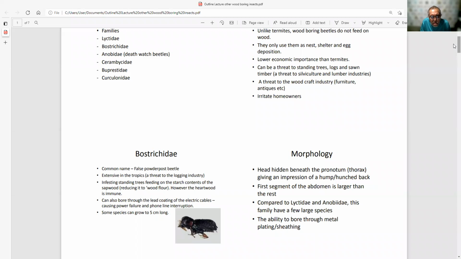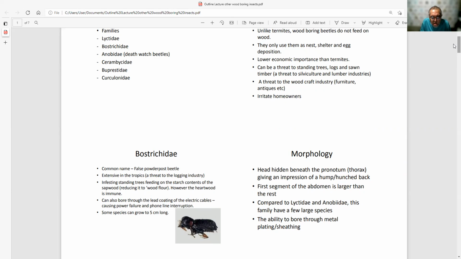Okay, then they feed on the starchy material, reducing it to wood flour, dan kemudian bila dia digest, dan dia akan maksudnya dikumuhkan dalam bentuk debu, dalam bentuk debu bertepung.